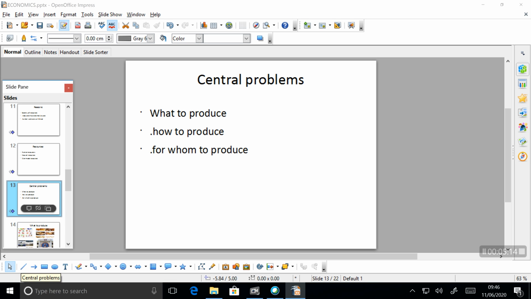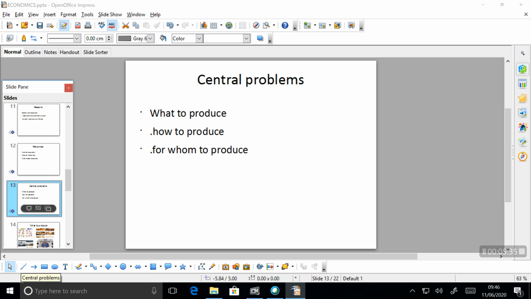These are basic problems in a country. Each and every economy faces these problems, so they are also known as central problems in an economy. Which are the important central problems in an economy? What to produce, how to produce, and for whom to produce.